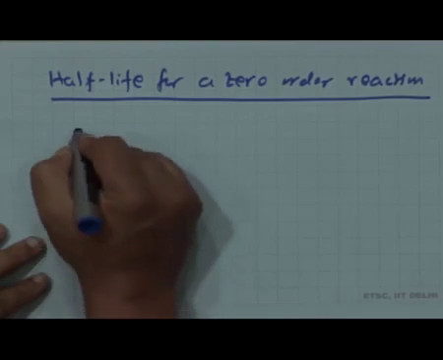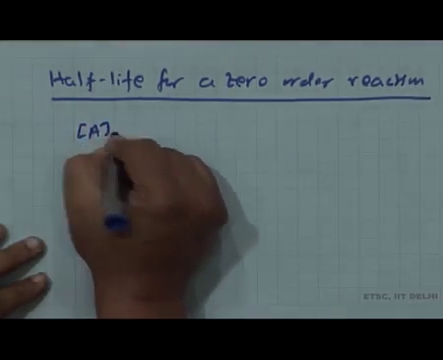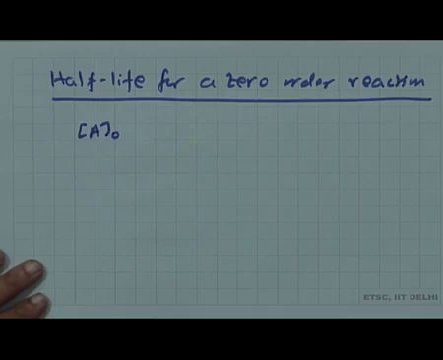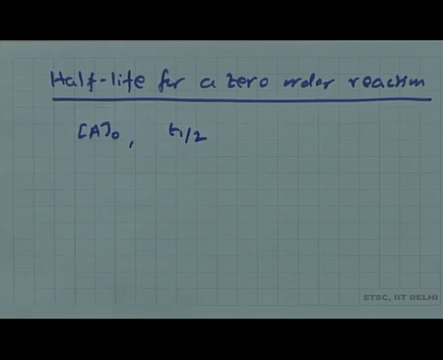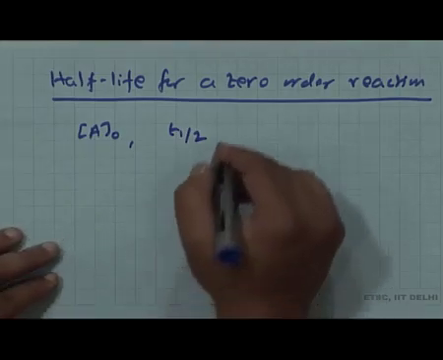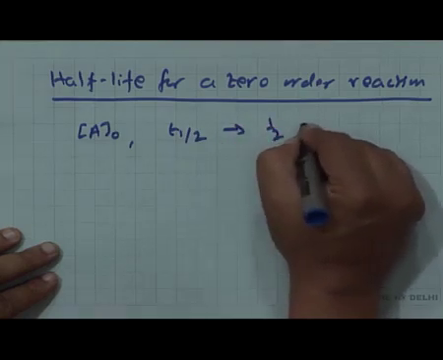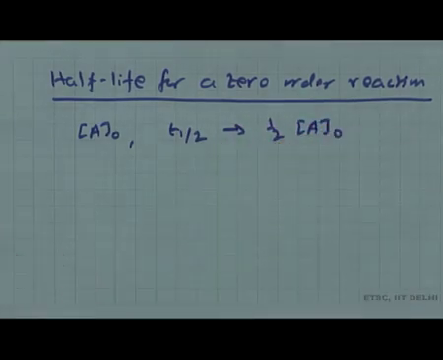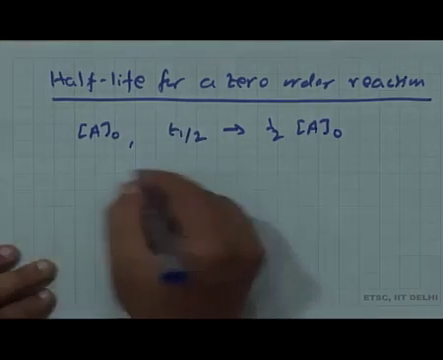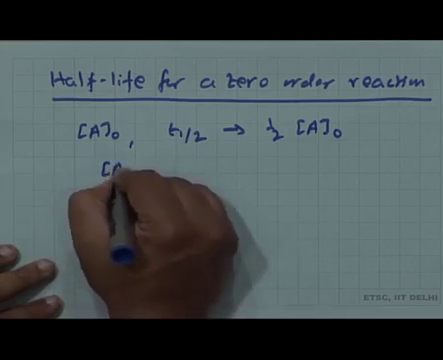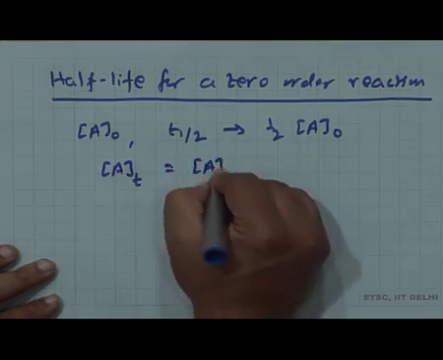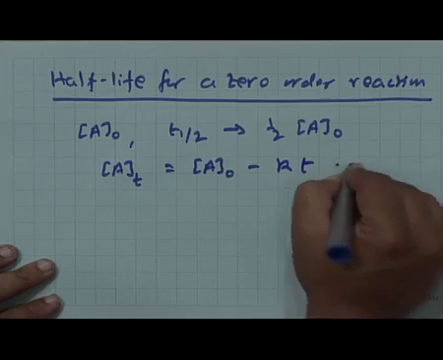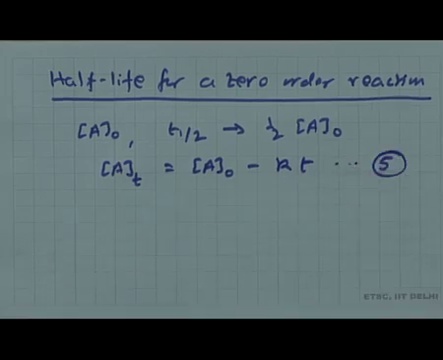If my initial concentration is A naught, then the half life, which is always the first half life, is the time it takes to go to half of A naught. That was the definition of half life. So, let us go back to equation 5, where we had A of t is equal to A naught minus k t.